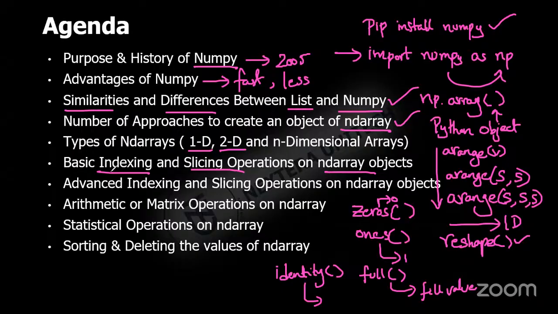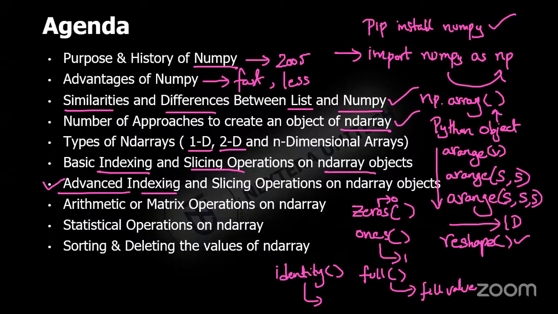So today we are going to discuss the basic indexing and slicing operations followed by advanced indexing. We are aware of basic indexing, that's fine. What is this advanced indexing? Let us understand advanced indexing as well. This is also called fancy indexing.